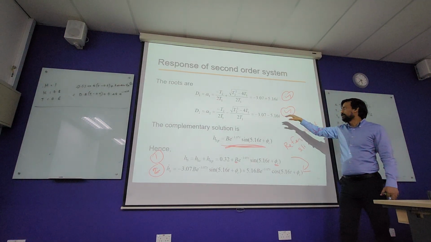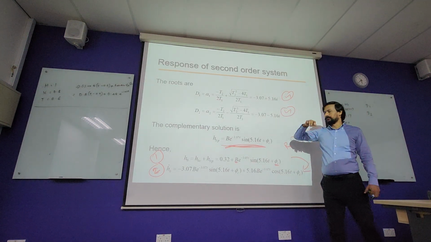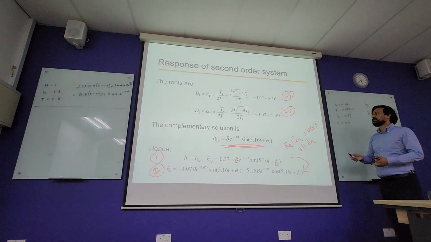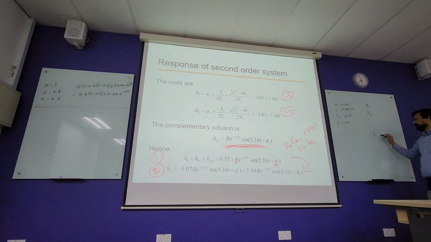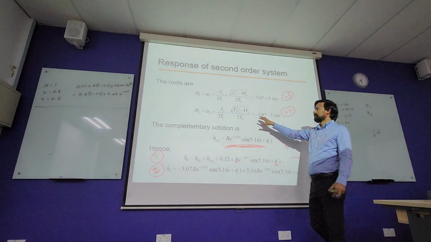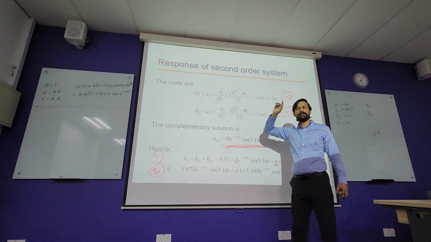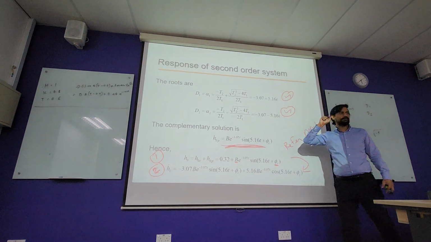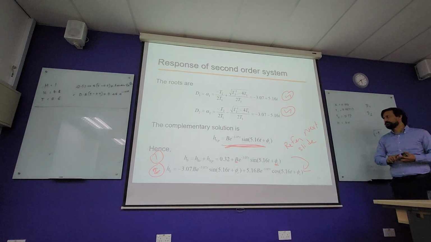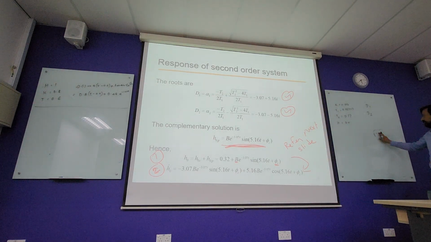So when you say it's a complementary solution, what is complementary? When the number under the square root is minus, let's say minus 5, then it is called i.